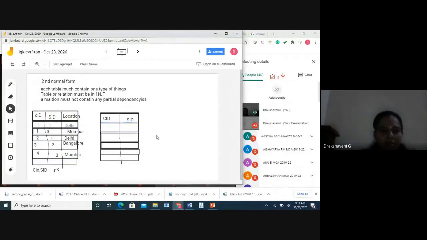So what is the CID? It is one. What is the store ID? First row is again one. Where is the store? Metro is near Mahalakshmi temple. So the ID for that store is one. So we have given one.